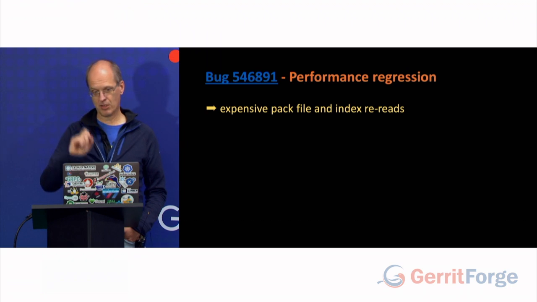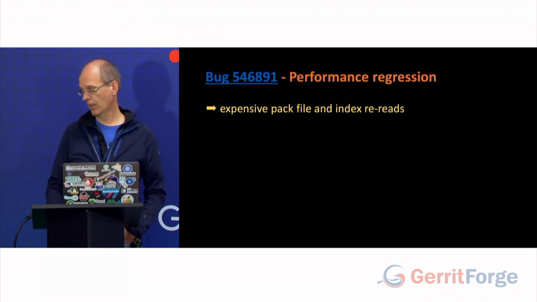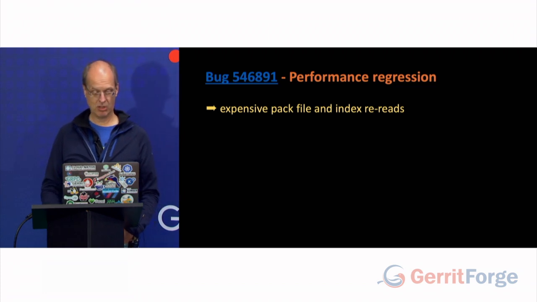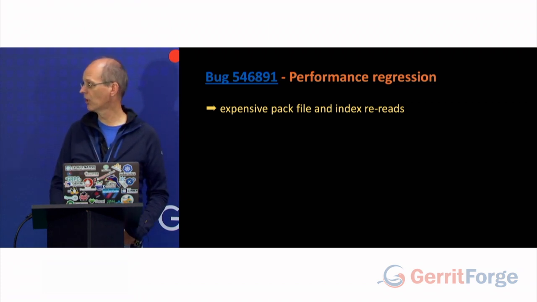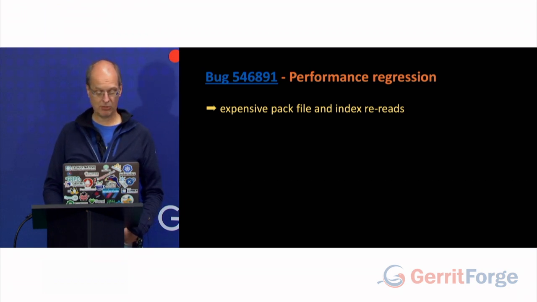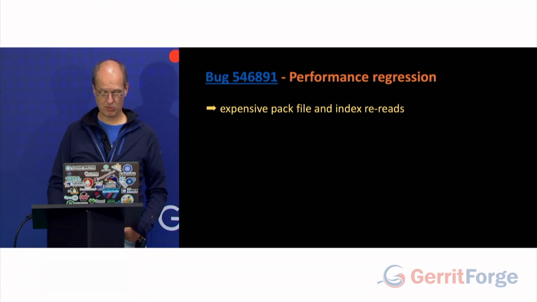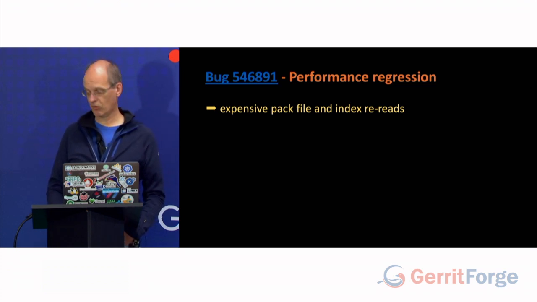And after this fix, the problem was gone, so Luca was happy. He didn't have to restart 2 or 3 times a day anymore. But then we got a report, there's a performance regression. And the reason was, after this fix was applied, that we observed expensive pack file and index rereads.